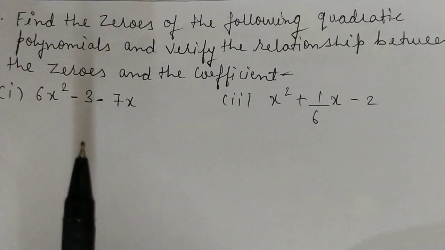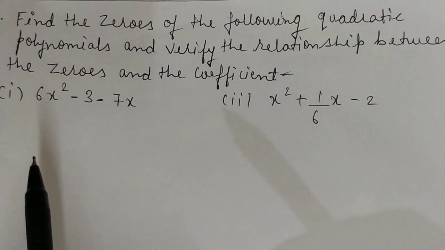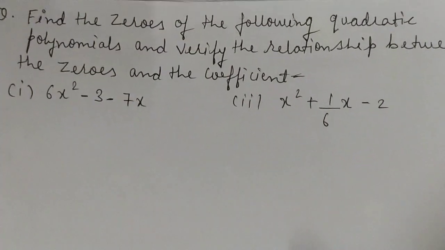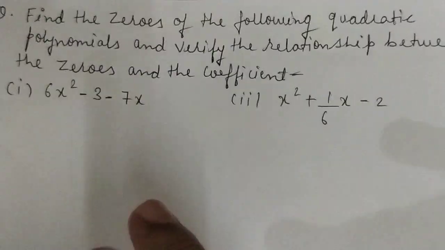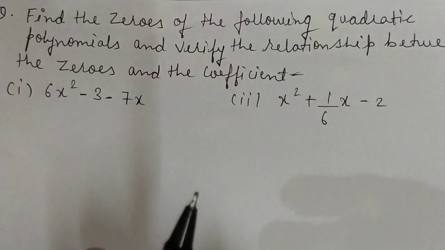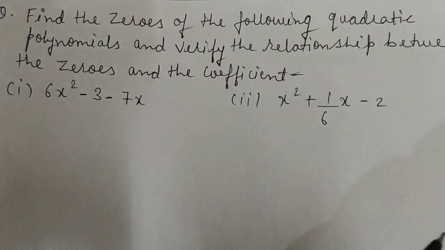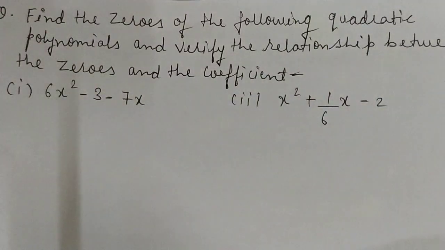Now see here. The first polynomial given is 6x square minus 3 minus 7x. So first we will convert this polynomial into the standard form of the quadratic polynomial. In the question, first we have to find the zeros and then verify the relationship between the zeros and the coefficients. What is the meaning of this?